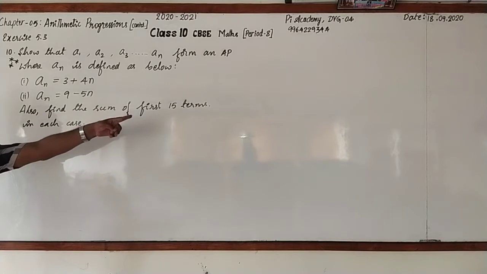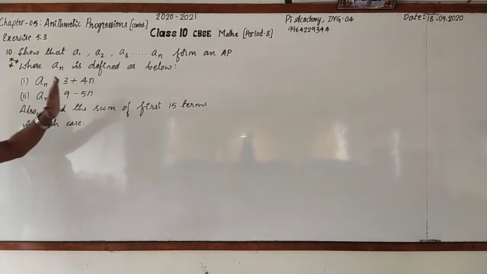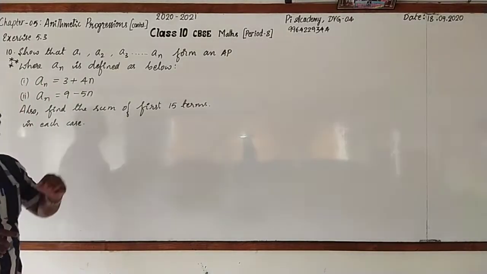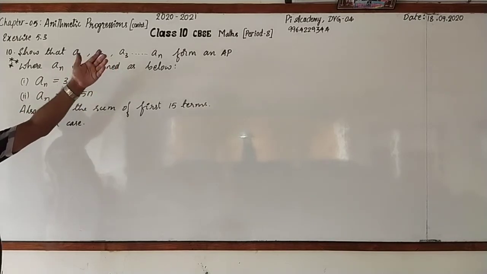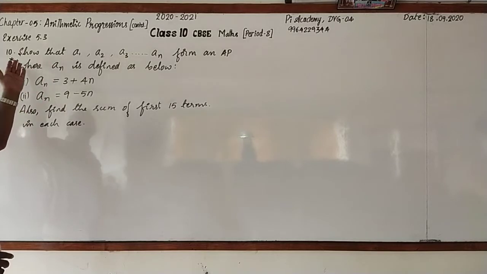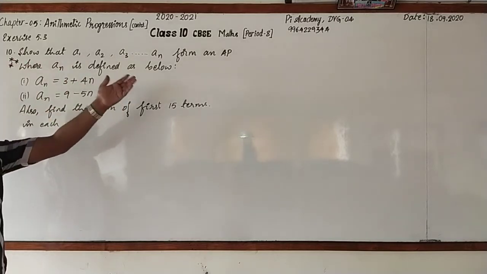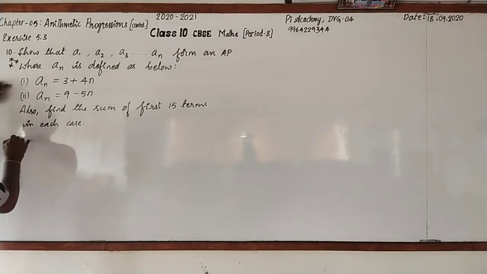Also, find the sum of first 15 terms in each case. Clear? Here, the nth term of the AP is given. Using that, we should find out the first, second, third, and fourth, some number of terms. Then after that, you should prove that those terms will be in AP. Got it?